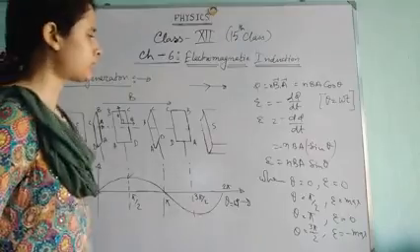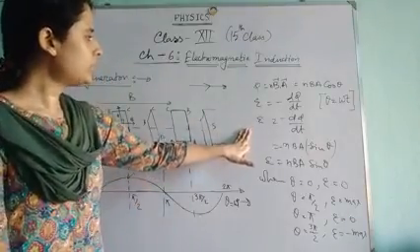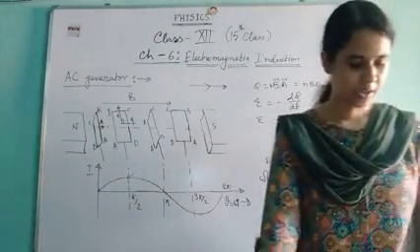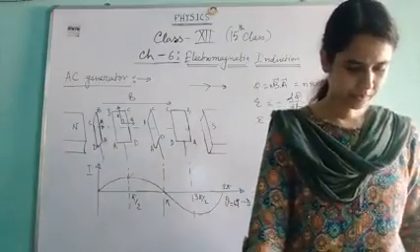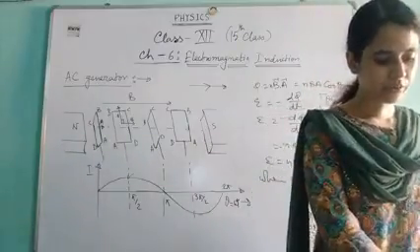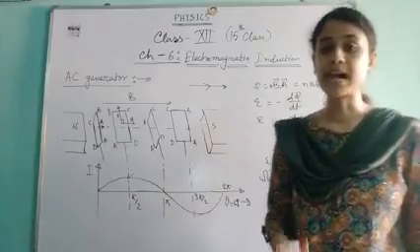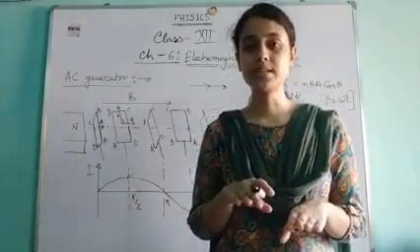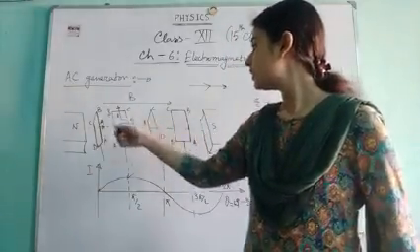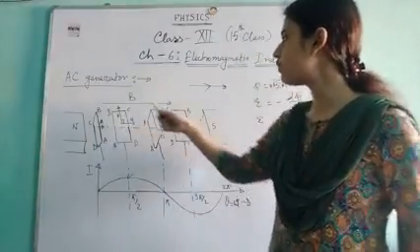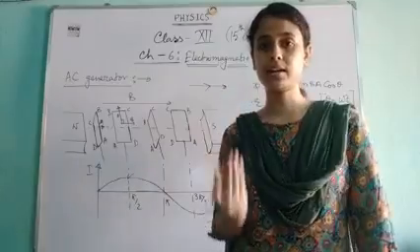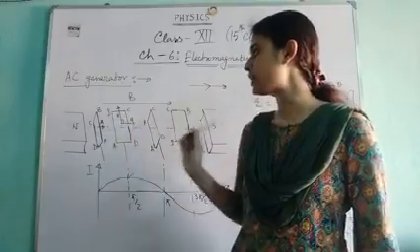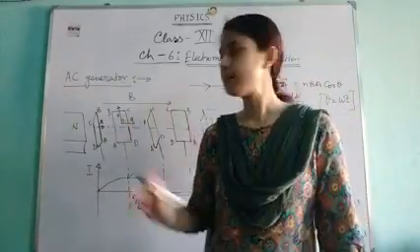So this is actually how the AC generator works, based on electromagnetic induction. Here the one thing you have to keep in your mind is that the maximum value of the current you will be getting is when the armature's cross-section area is perpendicular to the direction of the magnetic field, that means in the horizontal position.